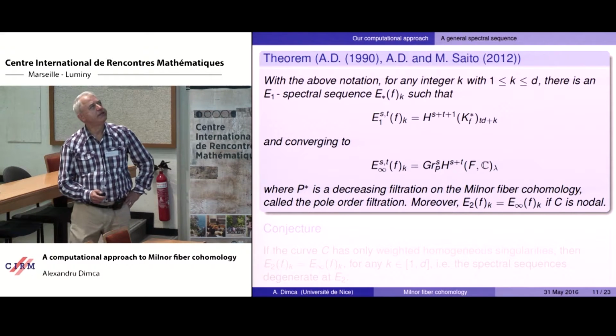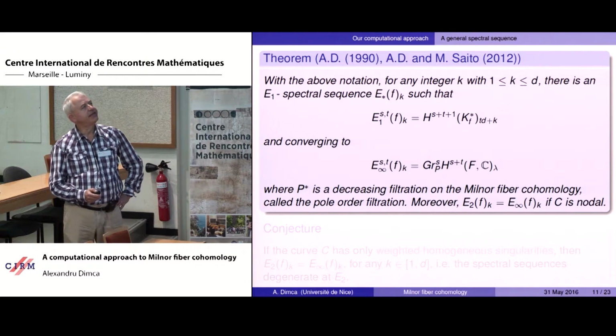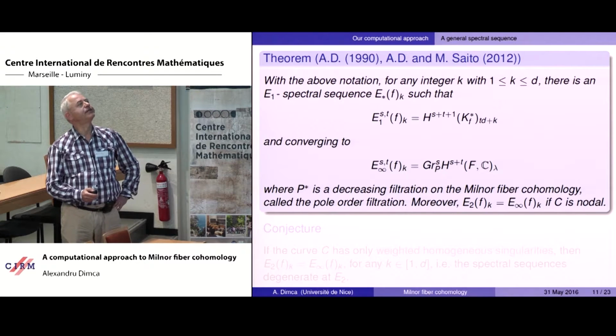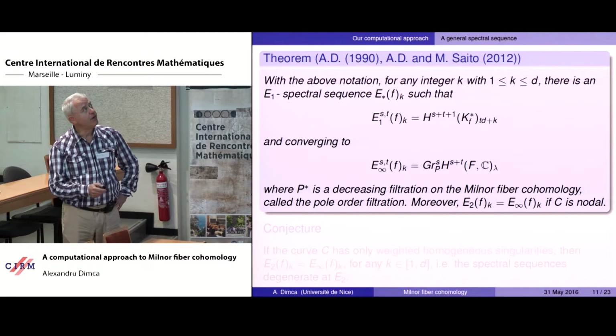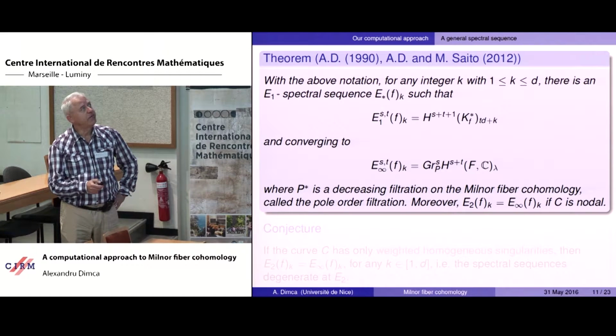So, this theorem tells us that there is a spectral sequence starting with E1, and E1 is in principle computable because it's just given by homogeneous components of the cohomology group of the Koszul complex.